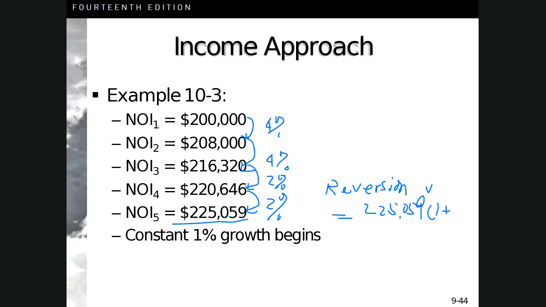Don't forget this part, because you need the year 6 NOI on top of that, right? And it's what, 13 point something minus 1% growth. Anybody remember the discount rate? 13 point what?